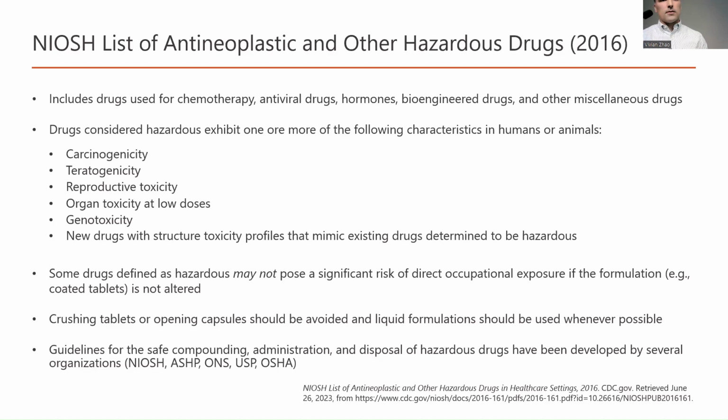And some of the drugs considered hazardous exhibit one or more of the following characteristics in humans or animals. We could say they could be carcinogenic, teratogenic, they can cause reproductive toxicity, organ toxicity at low doses, or they could be genotoxic like chemotherapy, right? Or any newly approved FDA medication that has a similar profile to a drug that's already on the list.